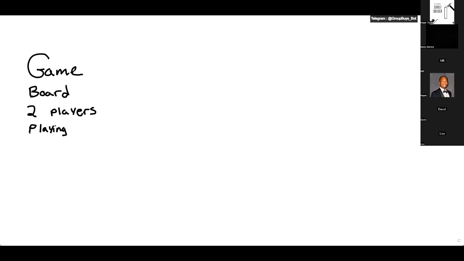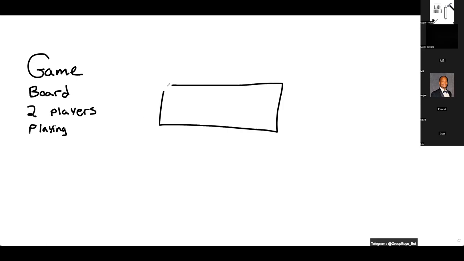That's the game. The board would be the field. The players would be, I don't know, like Madrid and Barcelona. What are they doing? Playing soccer. That's the activity you see in that environment. You guys see? I think that's pretty much how it goes.